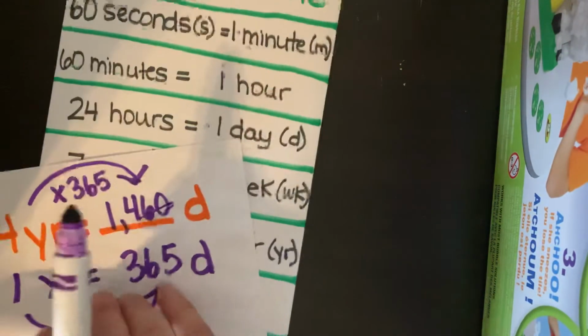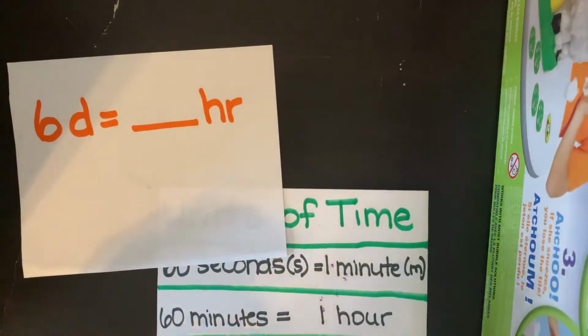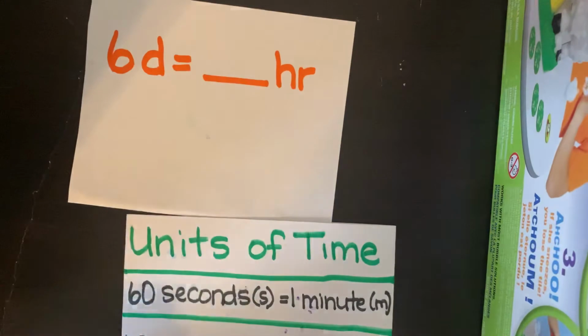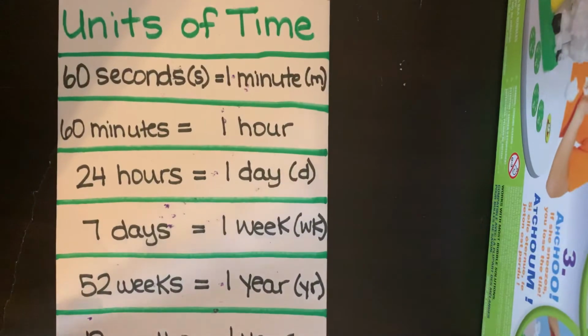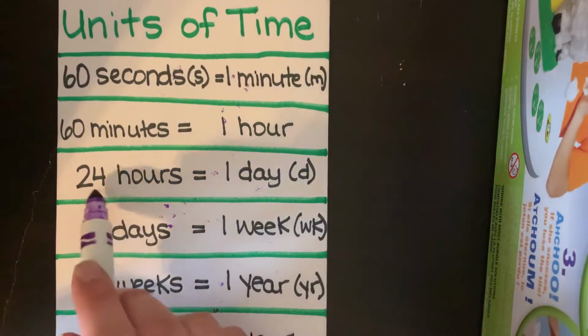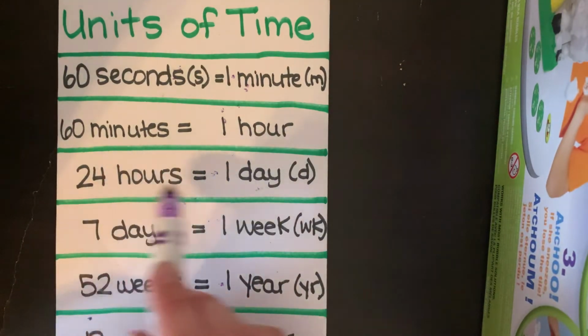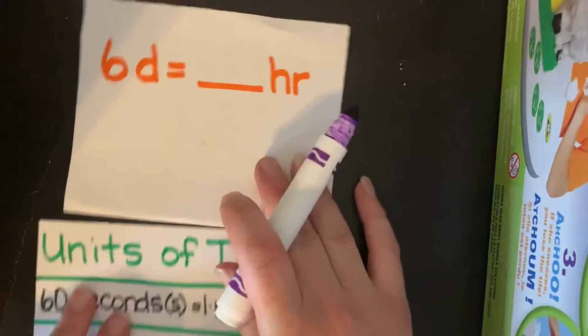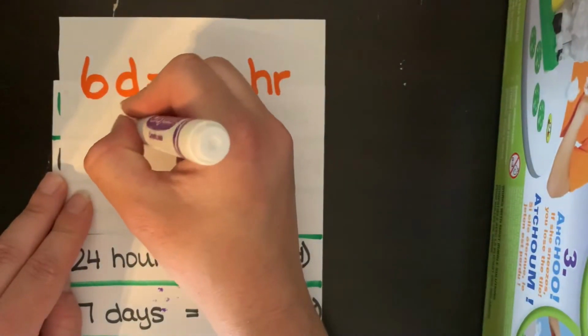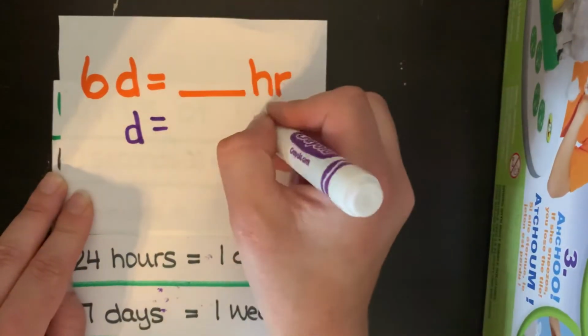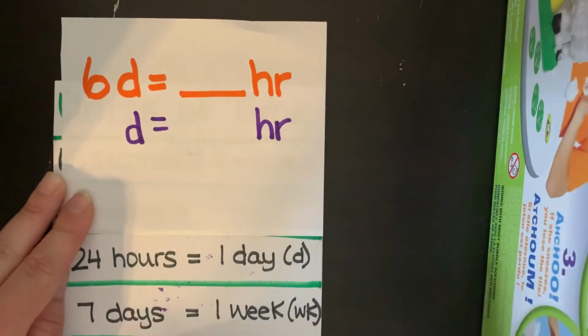All right, let's get into days and hours. 6 days is how many hours? What equation do you think will help us with that? 6 days is how many hours? Hopefully you're looking at this equation that shows us hours and days. So I'm going to use that. I'm going to line up the same units and fill in the number that goes with it.